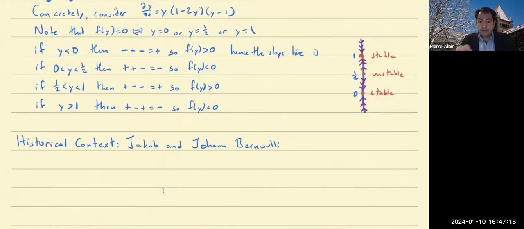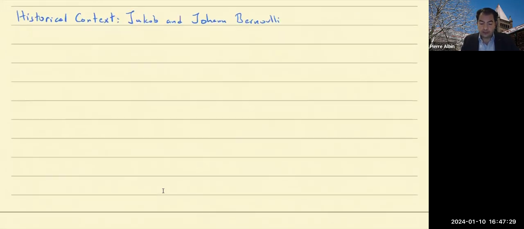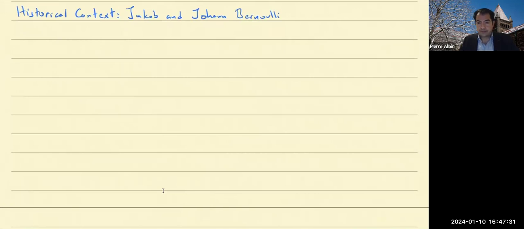The father of these two brothers was a prominent citizen of the Swiss town Basel by the name of Nicolas Bernoulli. He was a spice merchant in Basel, and he wanted his children to study something practical, but these two went against his wishes and ended up as mathematicians instead, although they did very well as mathematicians.